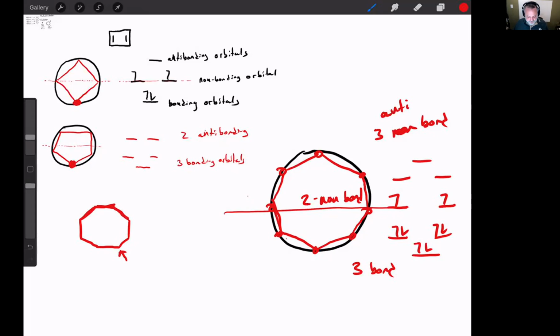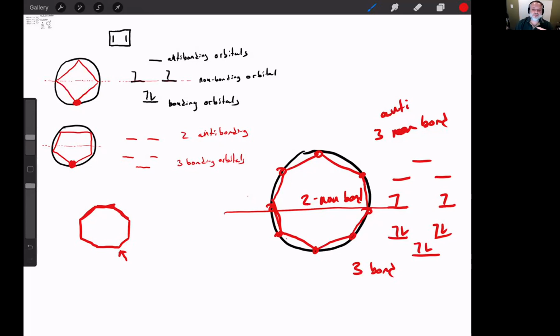So with both the square version and the octagon version, you would predict that they are anti-aromatic and thus very unstable as molecules themselves. But what we say is that a molecule will avoid being unstable and thus will avoid being anti-aromatic by distorting itself so that the p orbitals are not overlapping.